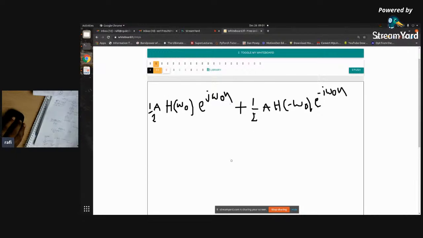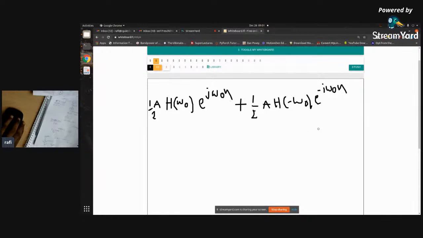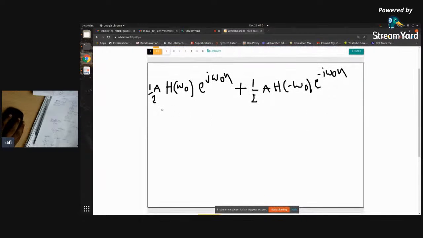So this is what we get from the superposition principle of an LTI system. This is the response due to half a e power j omega naught n, and this is the response due to half a into e power minus j omega naught n. Obviously this e power j phi will be there on both sides.